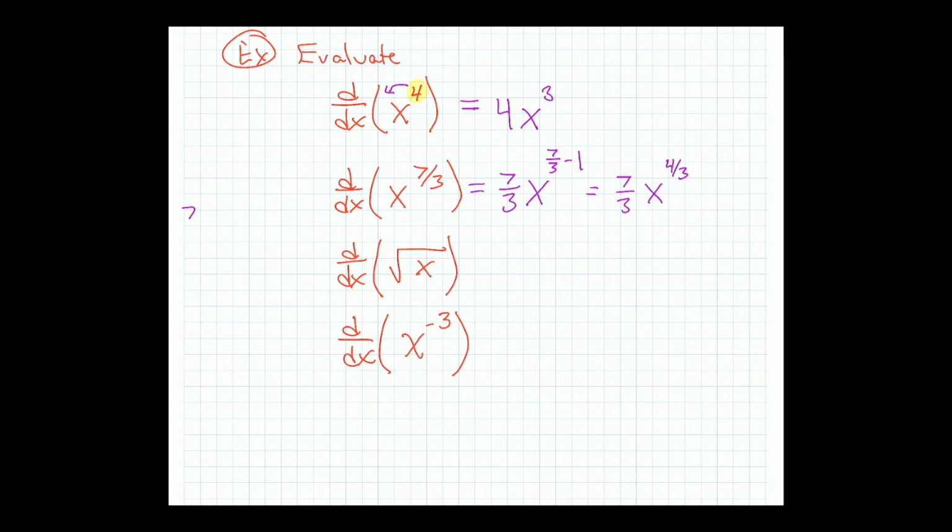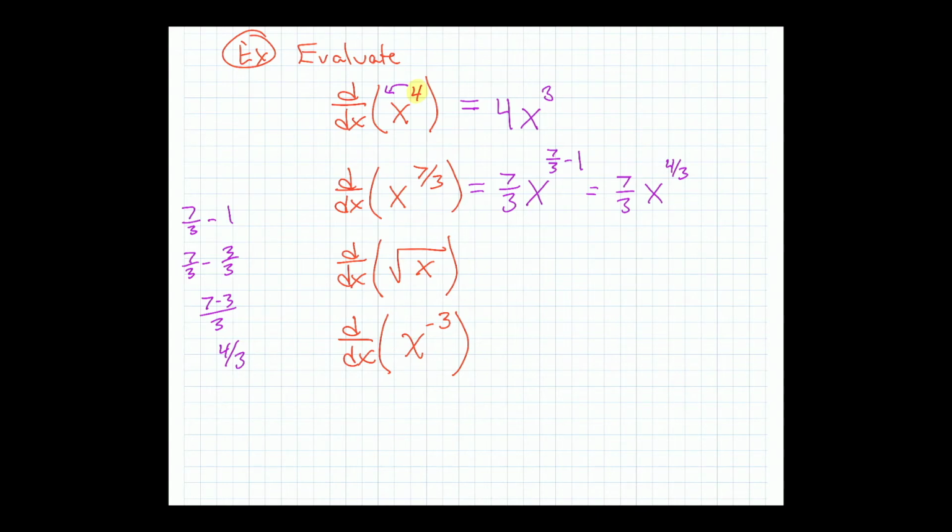You can go off to the side. 7/3 minus 1 is 7/3 minus 3/3, which is (7 minus 3)/3, which is 4/3. Or you could use a calculator. That would be fine too. My point there was it works for fractions in the exponent.